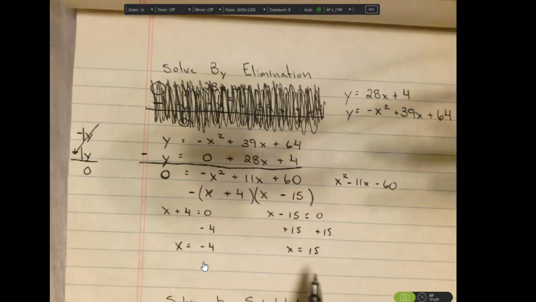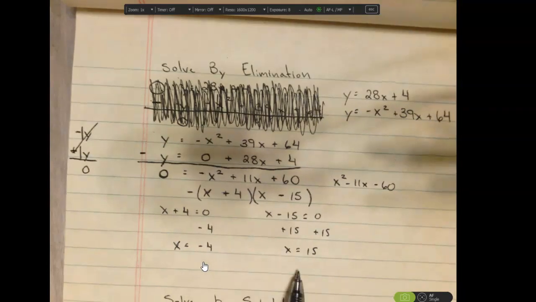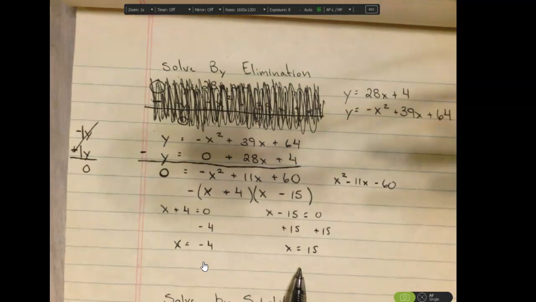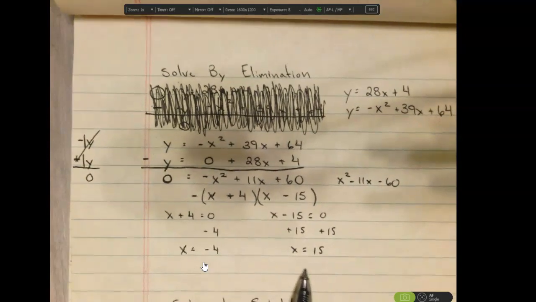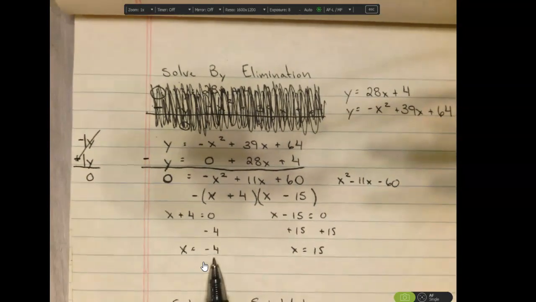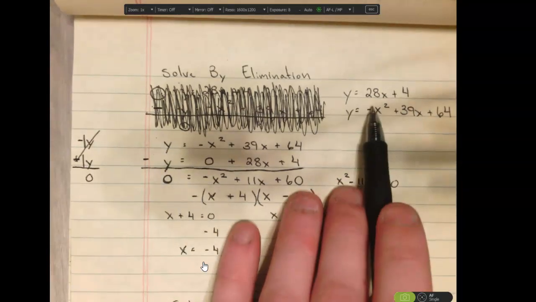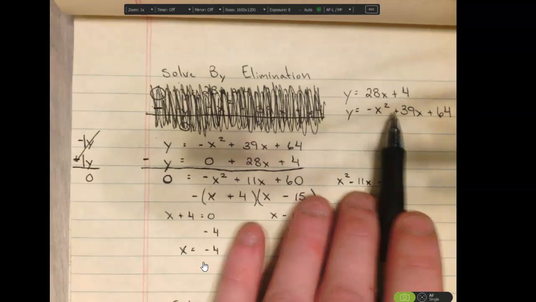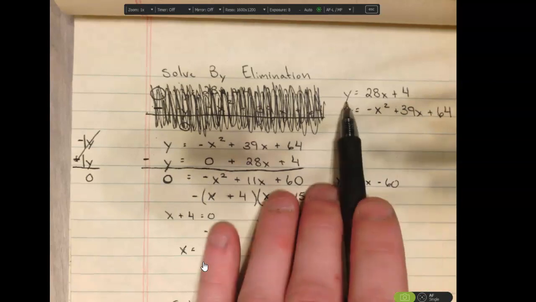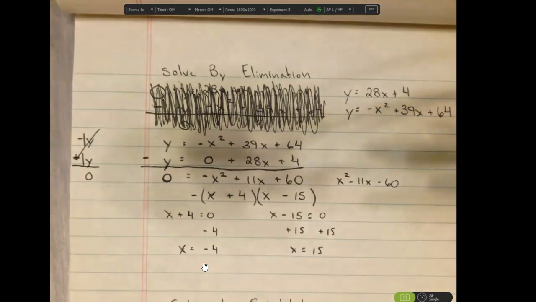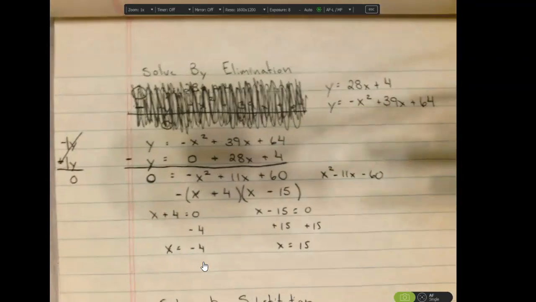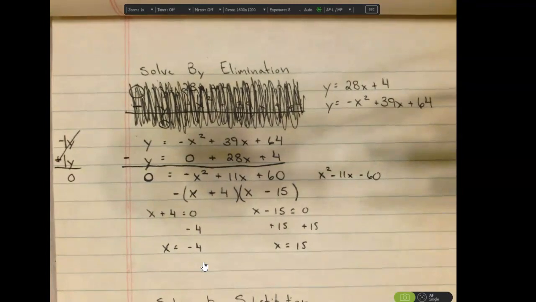Now to finish out these ordered pairs, since I've got the x value, I just need the y value. To find the y, I'm just going to take my x, plug it back into one of the equations, solve, and it's going to come out with the y. It really doesn't matter which equation you plug it into, you're going to get the same answer regardless.